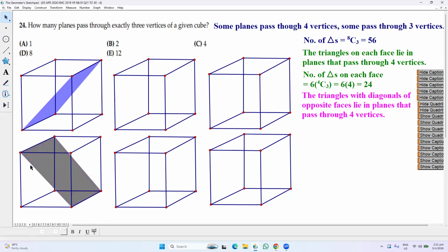If you take the front face, the second diagonal is this way in the front face, and for the back face, so for front and back, we have planes that have 4 vertices, and if we form triangles using these 4 vertices, 4 choose 3, they will be in the plane that passes through. We don't want this. We want to subtract all this away because they are in the plane that has 4 vertices.